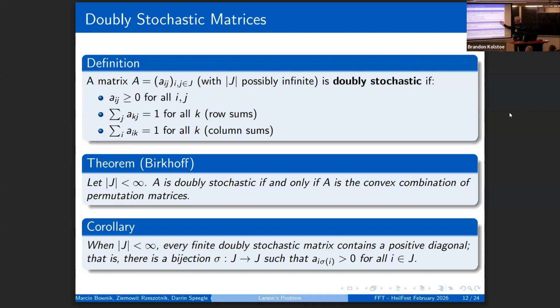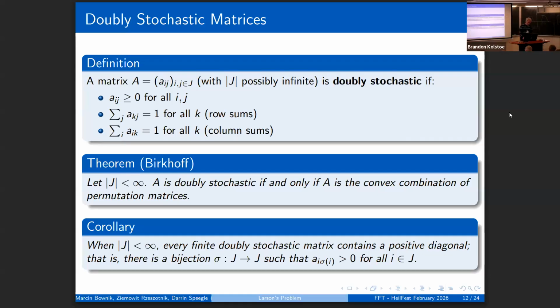They're the extreme points of the doubly stochastic matrices, and you can get any one by taking a convex combination. In particular, you can always find a positive diagonal, because you take any one of the permutation matrices in the convex combination, and that diagonal is positive. There's no limiting. It's just a finite convex combination, so it just works.